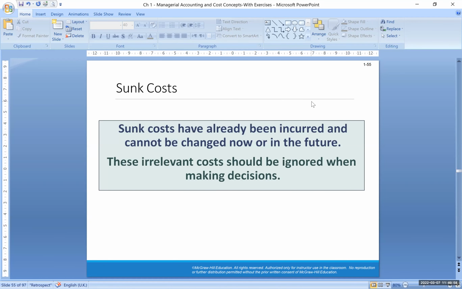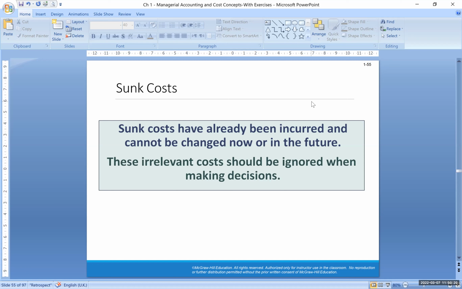The word sunk cost, which means these costs which have already been incurred and cannot be changed now or in the future. Something happened back in the history, like I paid a cost for my car 6 years ago.